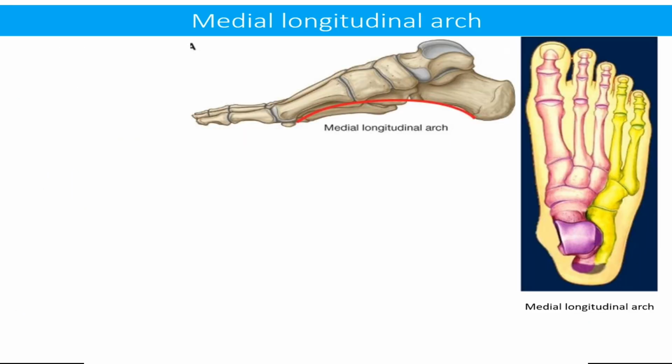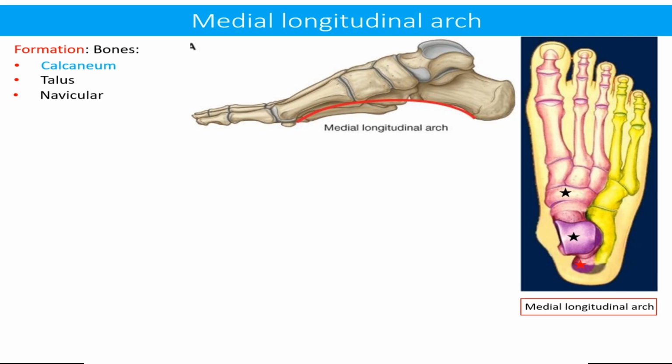We start with the medial longitudinal arch, which is formed by the bones: number 1, medial part of the calcaneum, number 2, talus, number 3, navicular bone, number 4, 3 cuneiform bones, and medial 3 metatarsals.